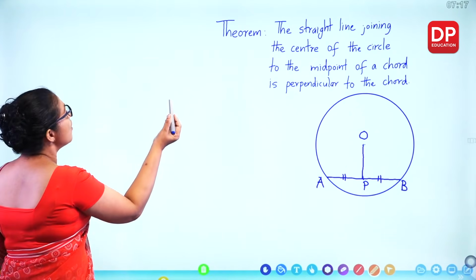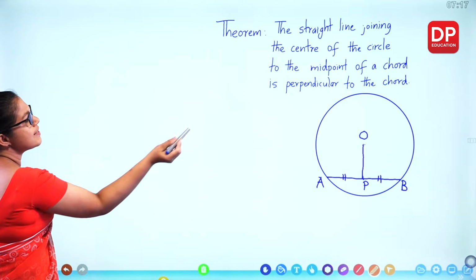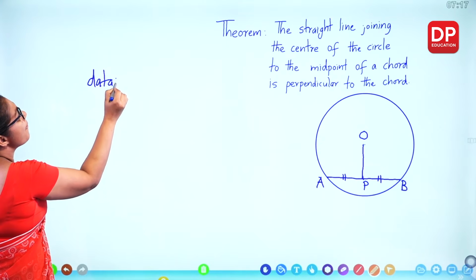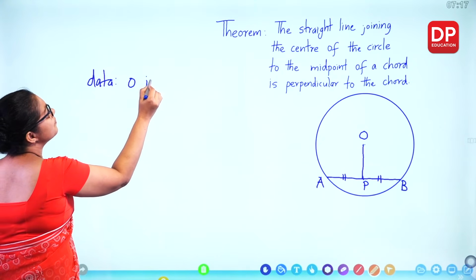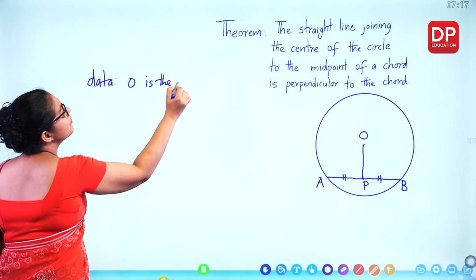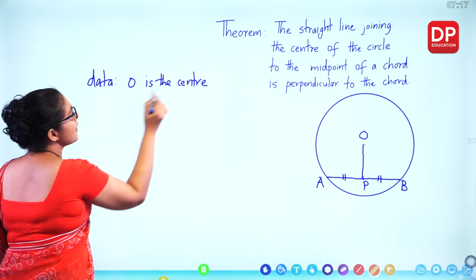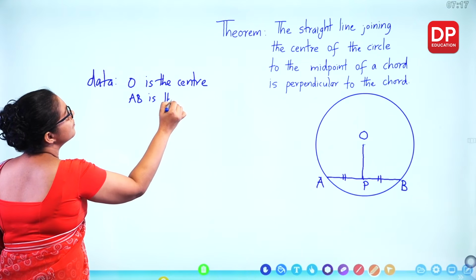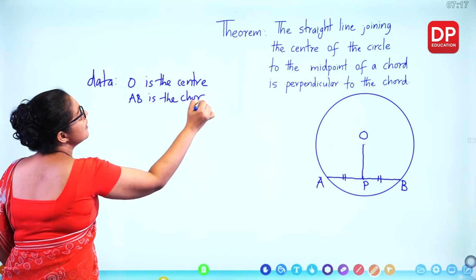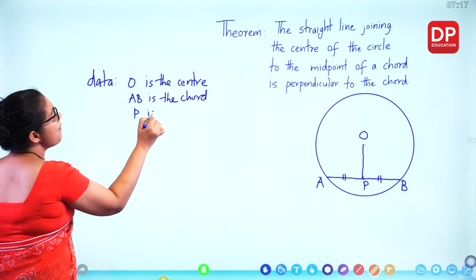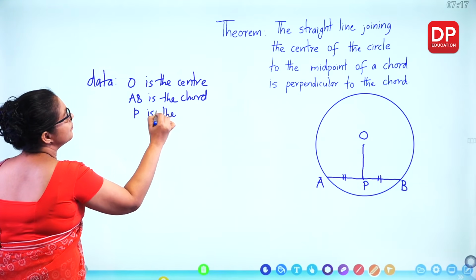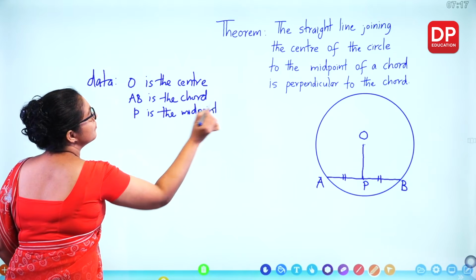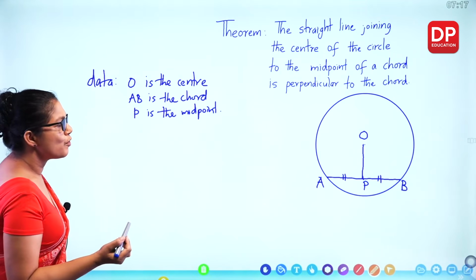So here what we know about this circle: O is the center, AB is the chord, and P is the midpoint. What do you need to prove?